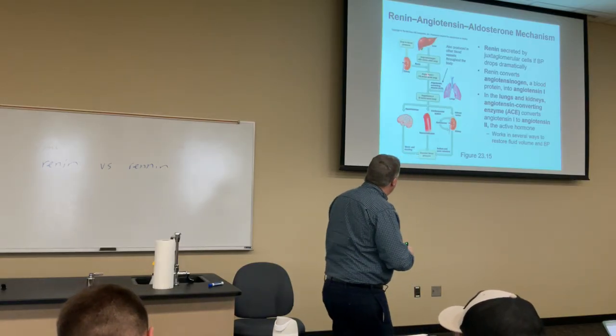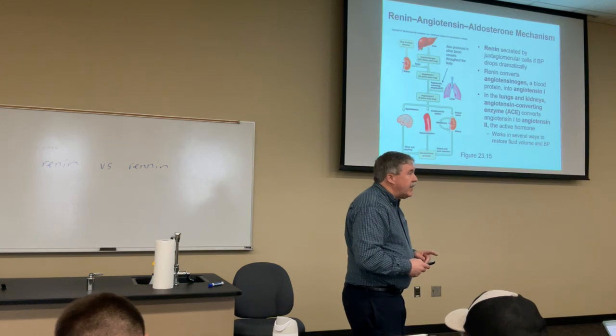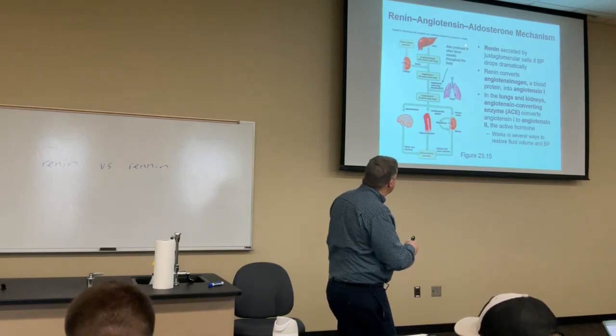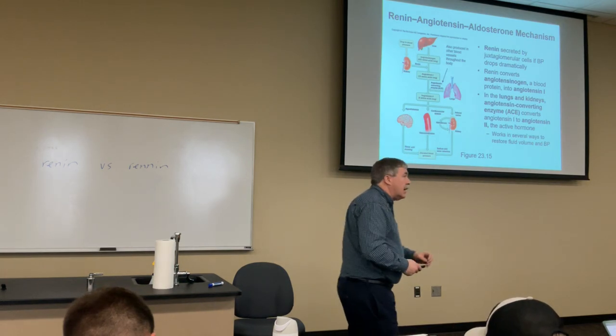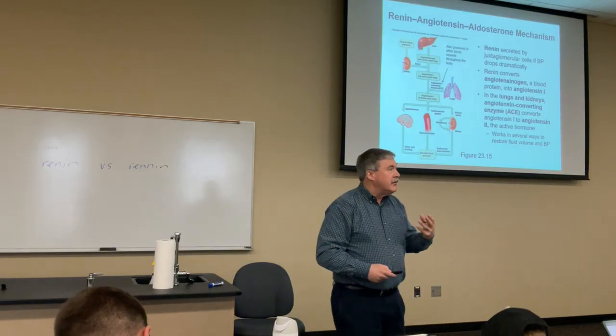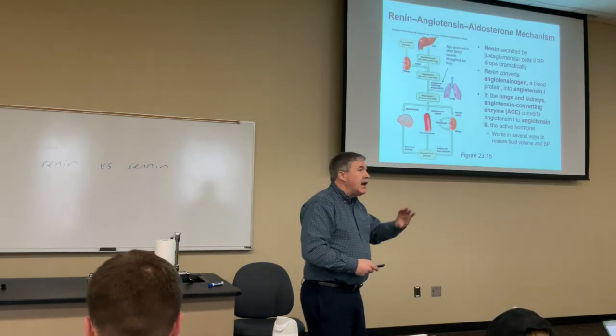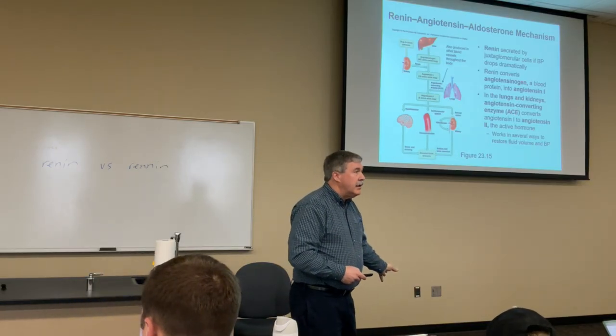Okay. Now, there's another enzyme that's found in high concentration in the lungs. It's found mostly in the pulmonary capillaries of the lungs, the blood vessels of the lungs. But it's also found in other blood vessels in other parts of the body.